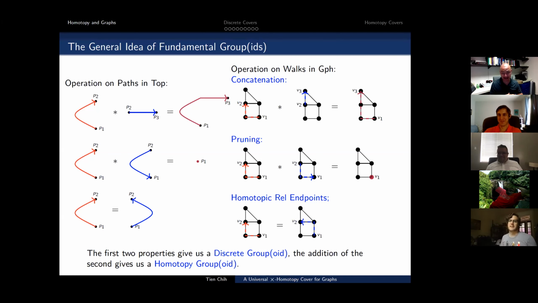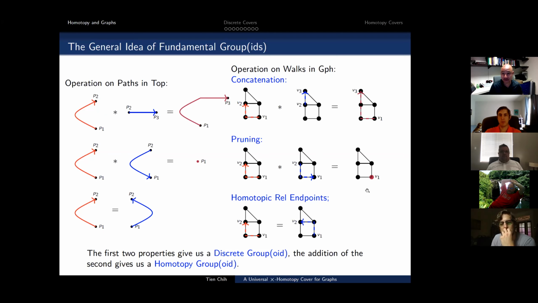We're jumping ahead a bit, but if you take a square, then a walk all the way around can be spidered into a walk forward and back, which prunes to the identity. So a square has a trivial homotopy group. It doesn't have a trivial discrete group, because we're not allowed to do the spidering.